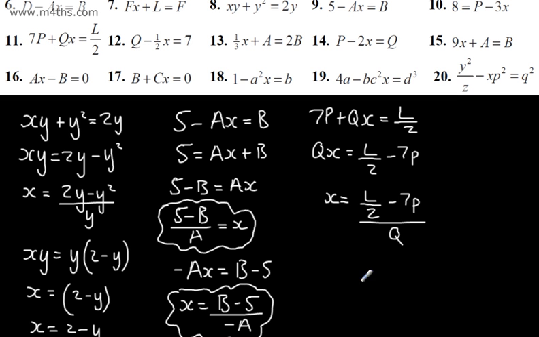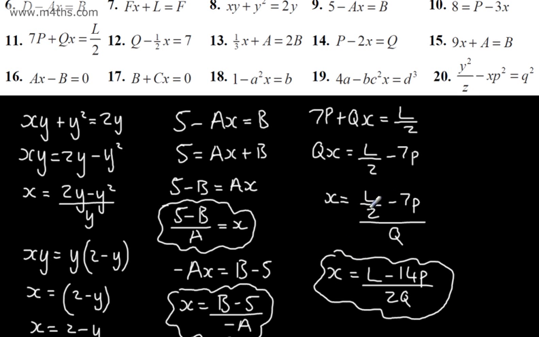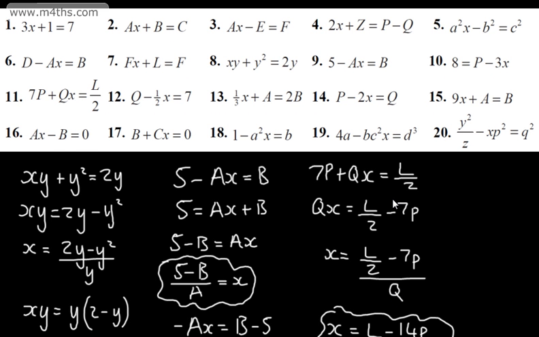You could argue that to tidy this up, multiplying the numerator and the denominator of this fraction by 2, we would have now L minus 14p over 2q. And that's a nicer way of writing it. Or what you could do is combine the fractions here and then simply divide out. Entirely up to you. At this stage, you should hopefully be fairly confident with what you're doing.